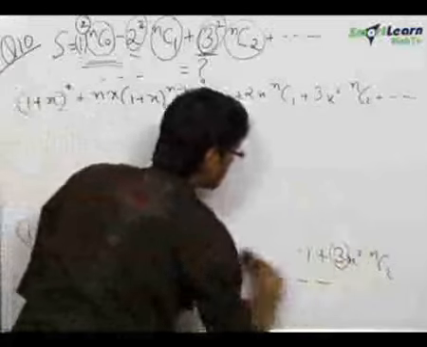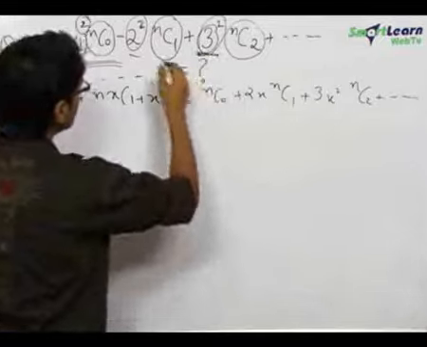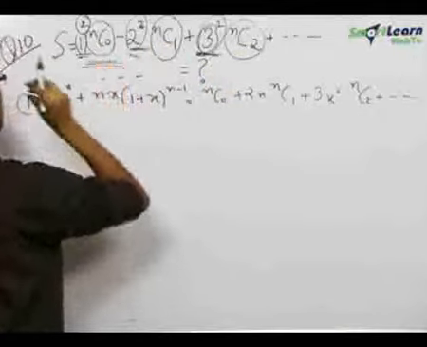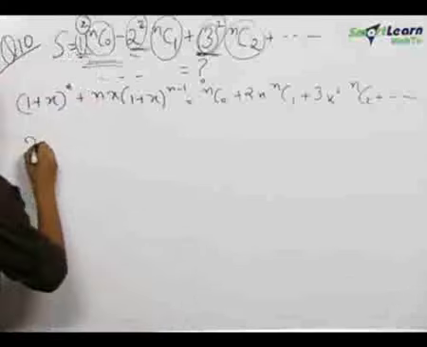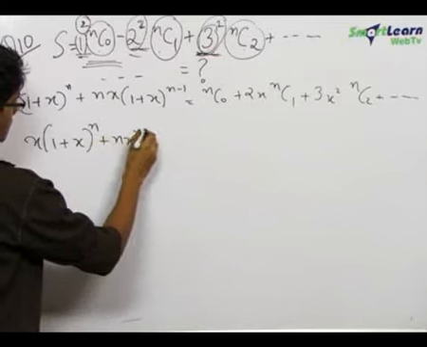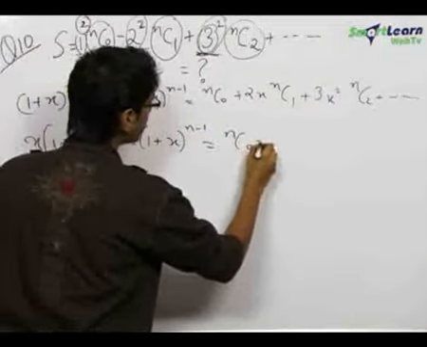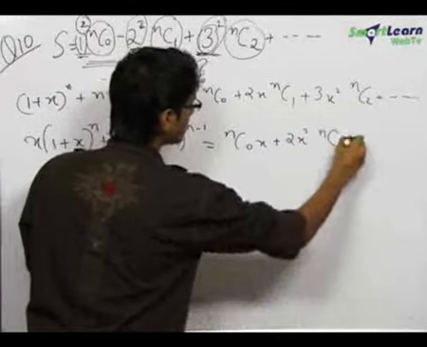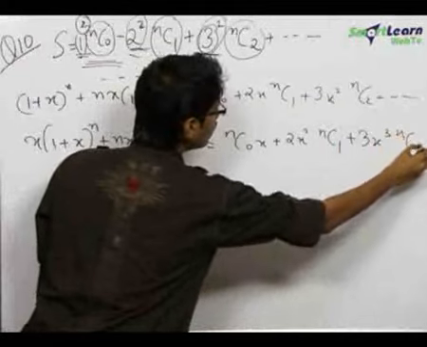In our original expression, we needed one more 3, one more 2 and one more 1 in front of nC2, nC1 and nC0 respectively. So we can again multiply both the sides by x to get nC0 into x plus 2x square times nC1 plus 3x cube times nC2.